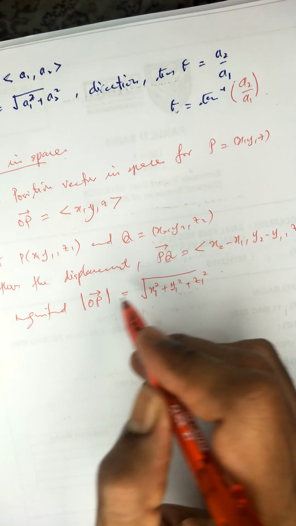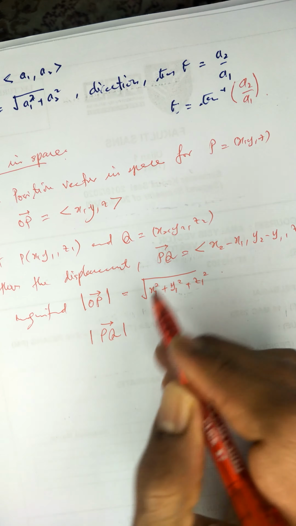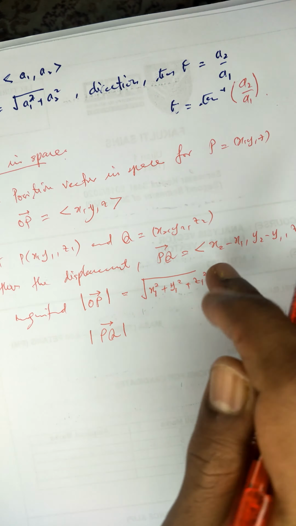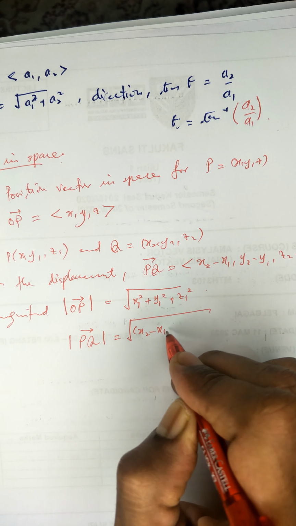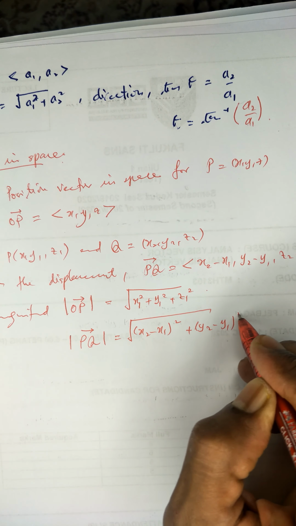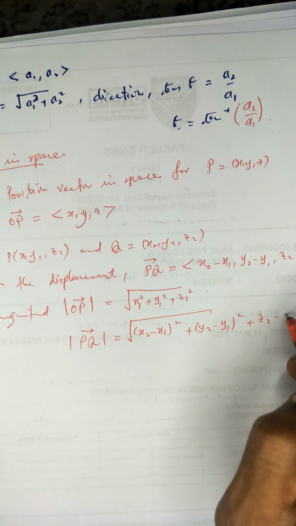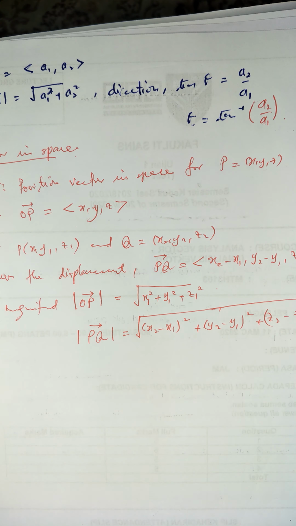The magnitude of PQ is the square root of (x2 minus x1) squared plus (y2 minus y1) squared plus (z2 minus z1) squared.